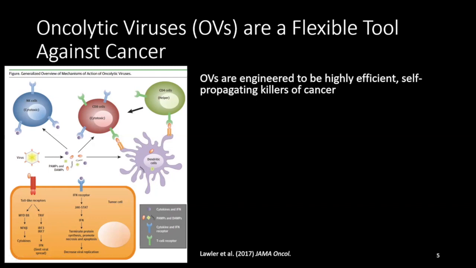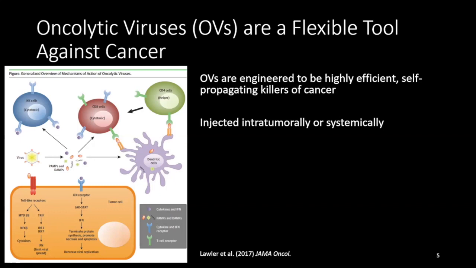The other thing worth noting is that they're highly efficient and self-propagating because they're viruses. You might think of these as fighting fire with fire, only your fire is a lot bigger and grows a lot faster than the cancer cells. Typically these are administered intratumorally, not so much systemically.